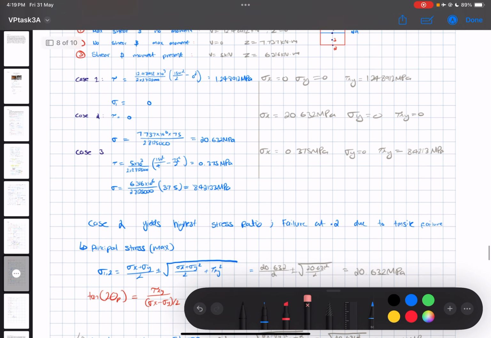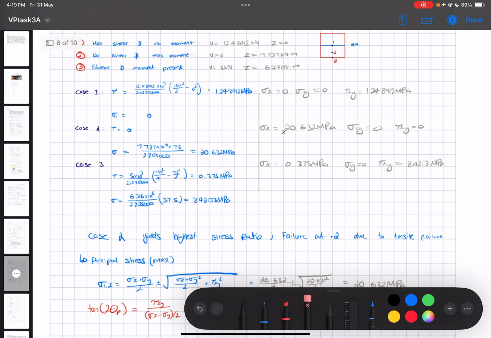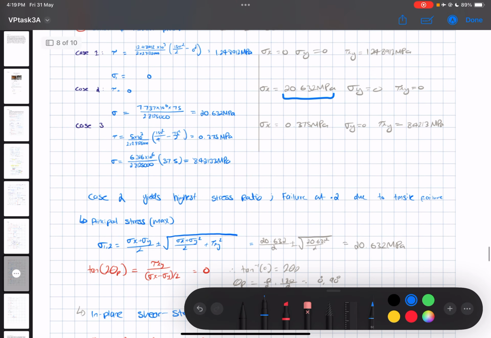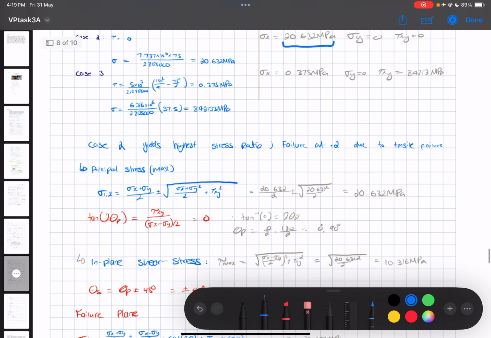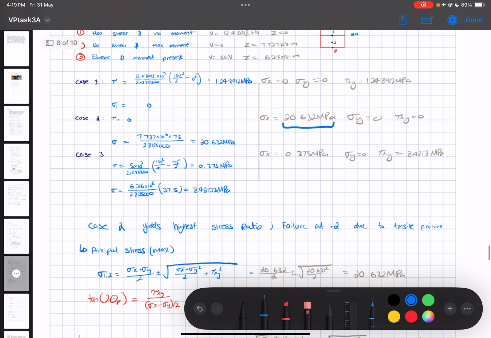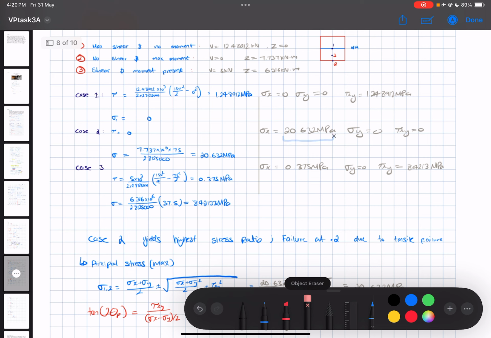And from here, I can very easily see that case 2 will give me the maximum ratio, taking that the allowable shear ratio is 400 megapascal. So from there, I've taken that to be the maximum shear, and I'm going to be using case 2 for all of the calculations which I'm going to be doing.